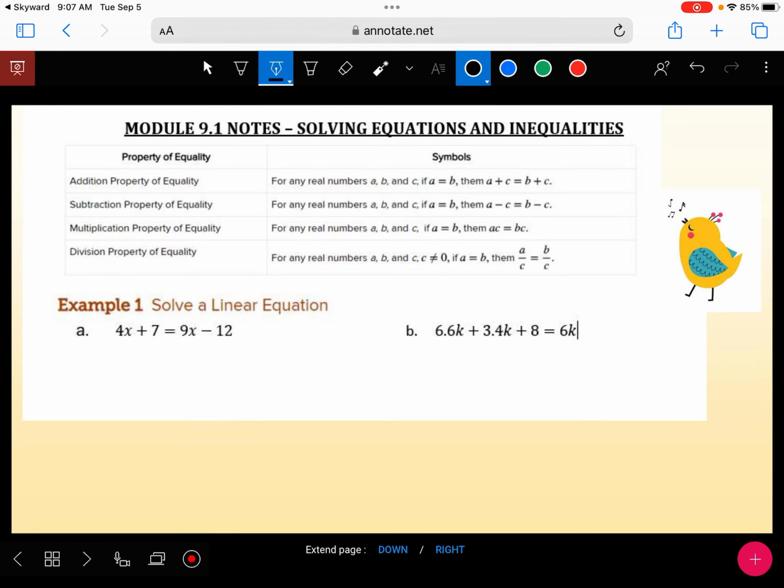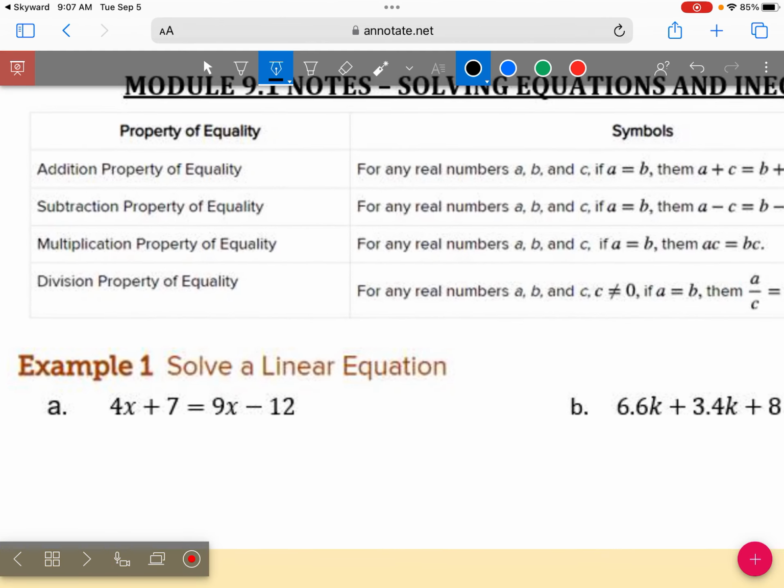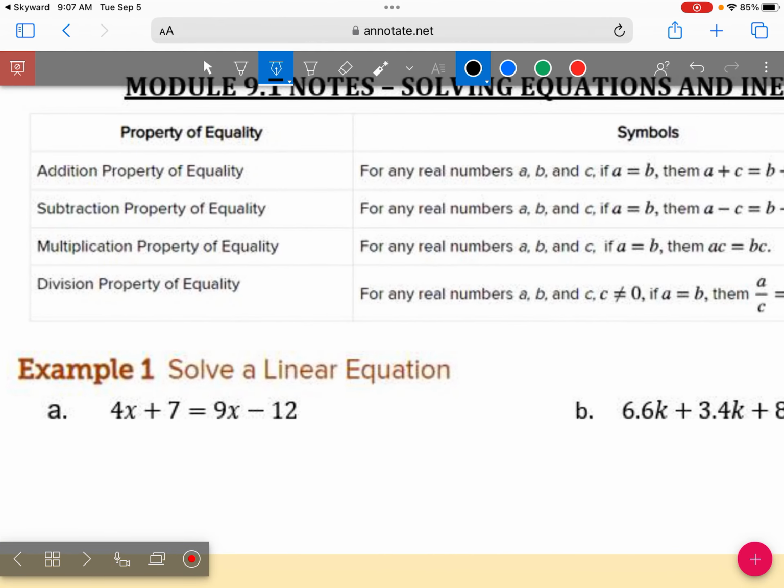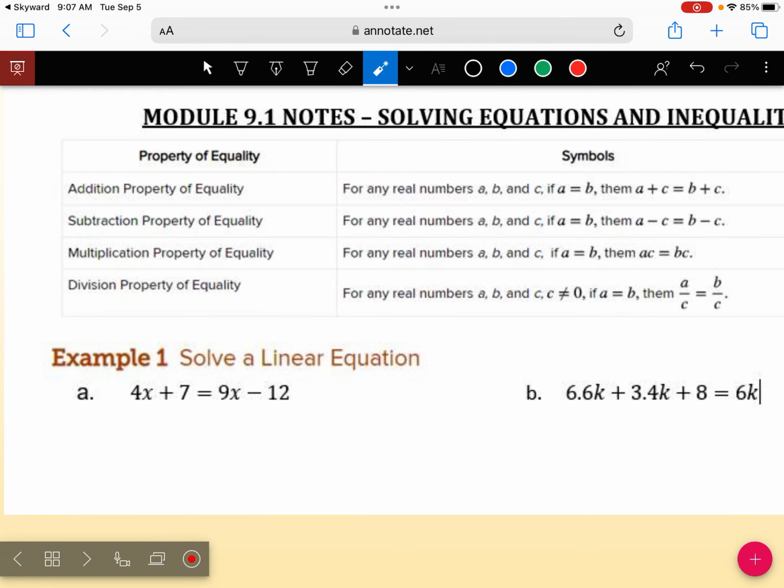Okay, so let's go ahead and get started with our notes. So solving equations and inequalities, the goal is to get all your variables to one side. Okay, and we do that using the 4 properties of equalities. So what this simply says is that if I add a number to both sides, my equation is equal.